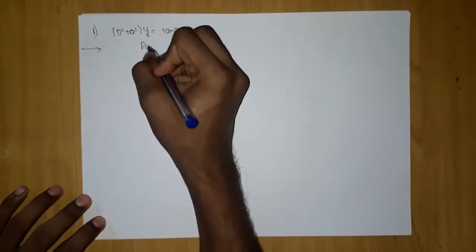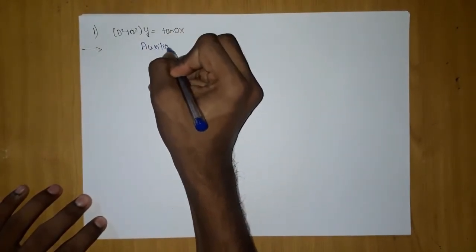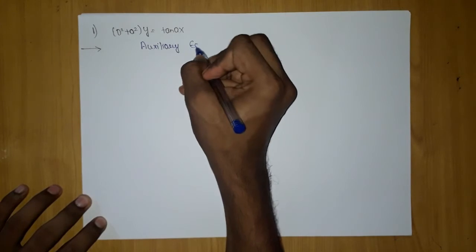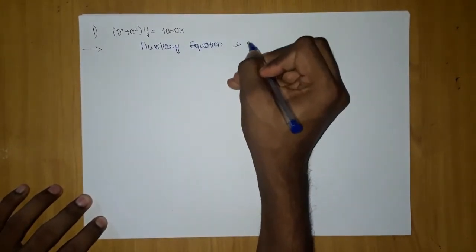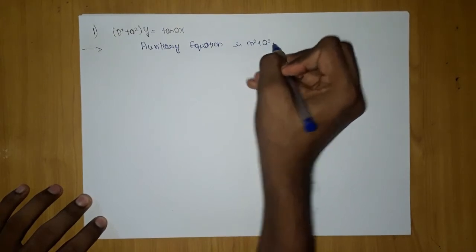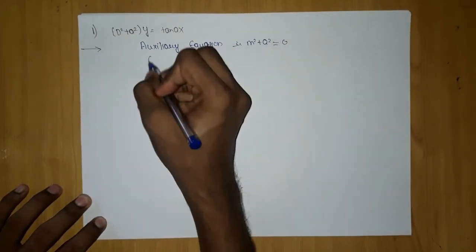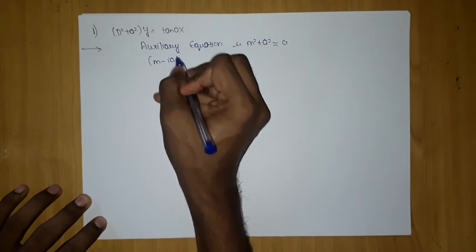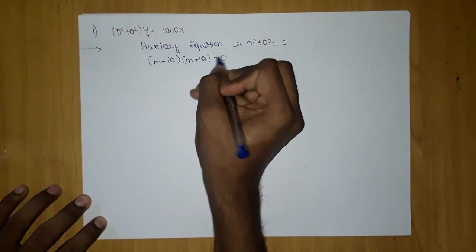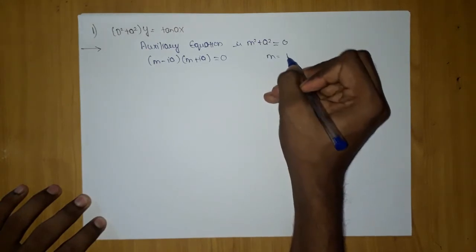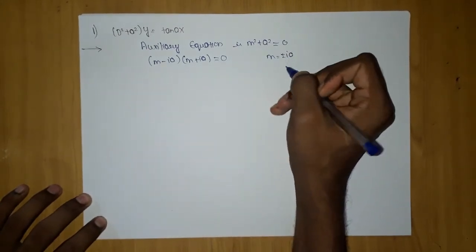So we should know what the auxiliary equation is. The auxiliary equation is m square plus a square equal to 0. Its roots are (m minus i)(m plus i) equal to 0, giving m equals plus or minus i a.